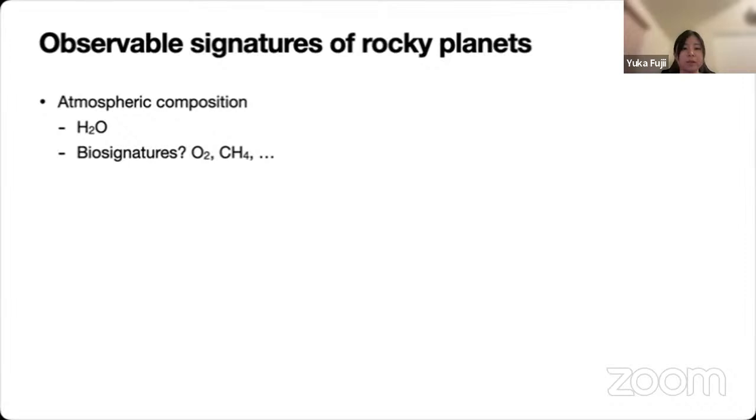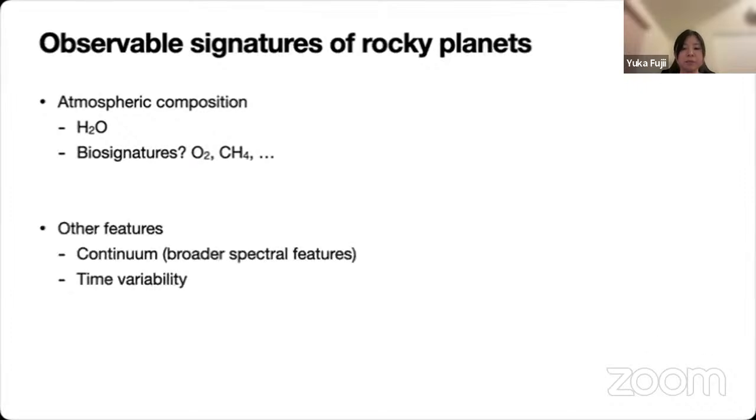On the other hand, there are also other pieces of information which are available. This includes the wavelength dependence of the continuum, or in other words, the spectral features broader than those of atmospheric molecular features. And we could also use the time variability.